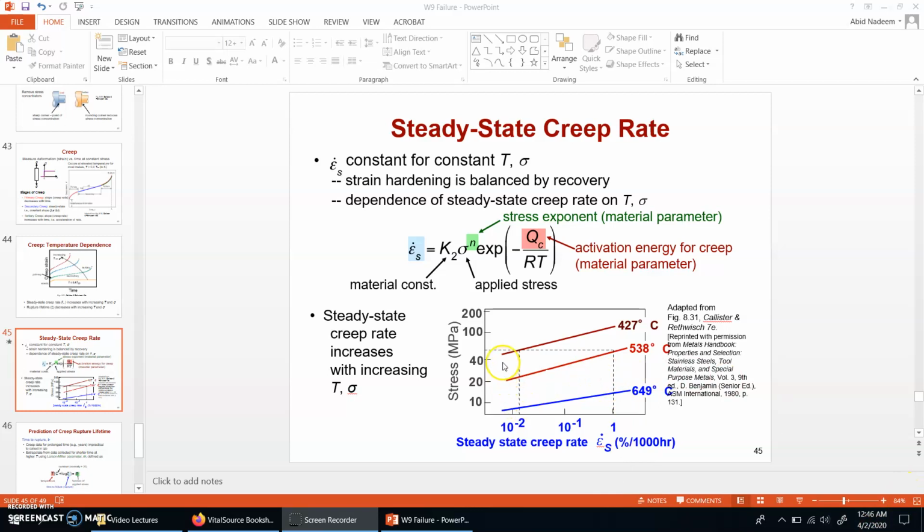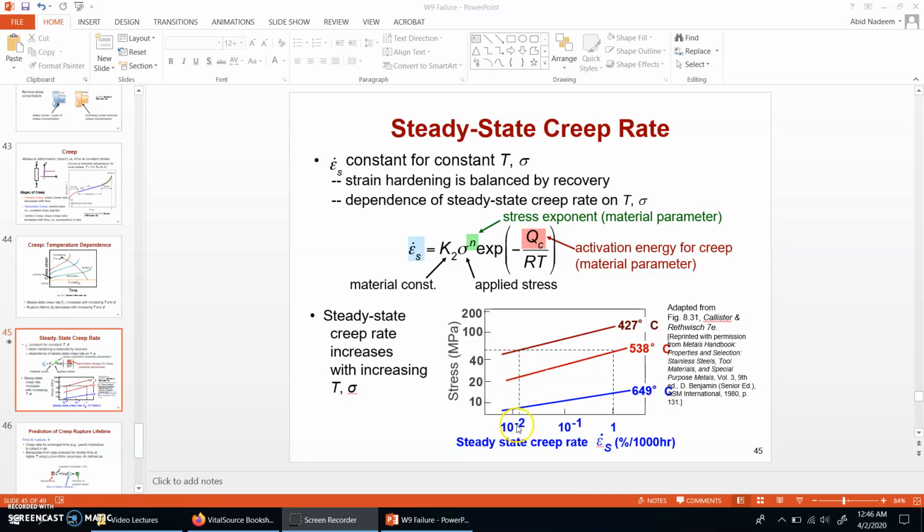As it is shown in this chart, you can see that for a given steady state creep rate, a lower stress value will be needed at a higher temperature.